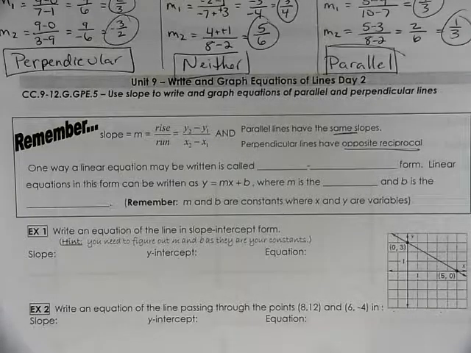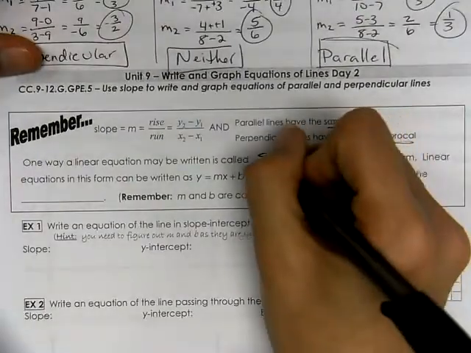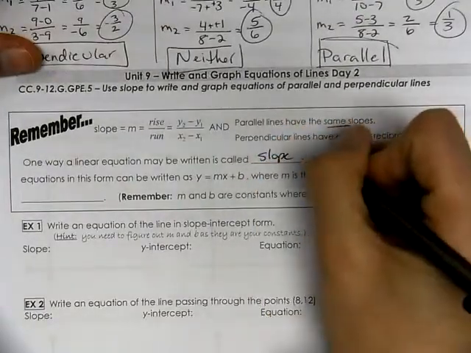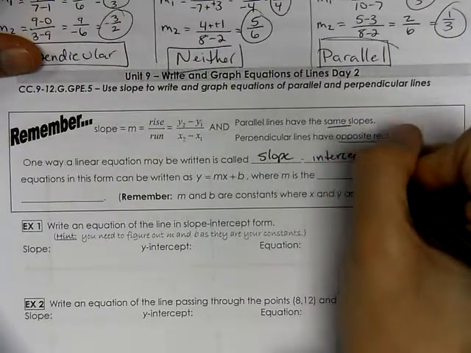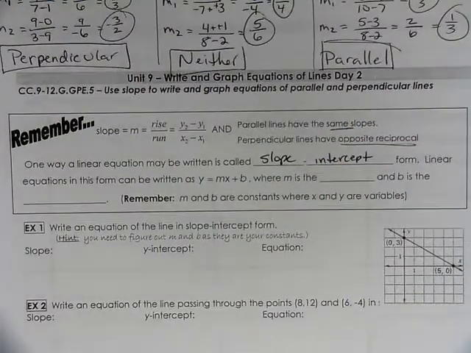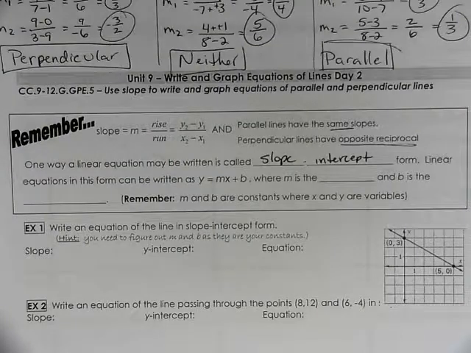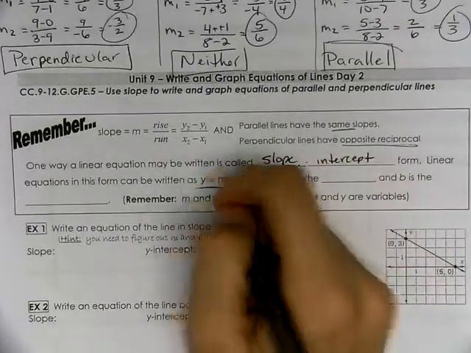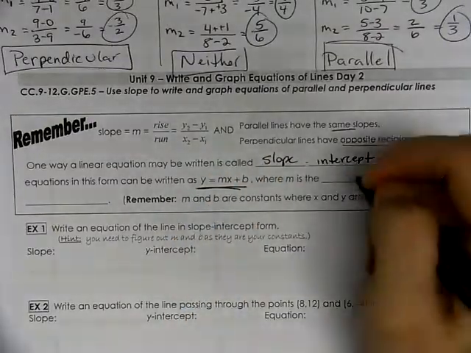Now we're going to look at the equation of a line. You will always write your equation of your line in slope-intercept form. Linear equations in this form can be written as y equals mx plus b. M is the slope.